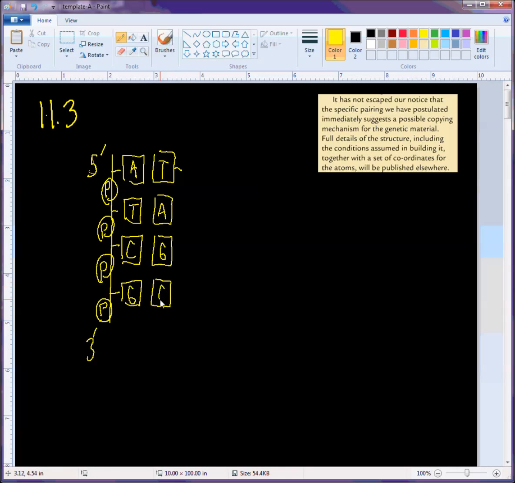So what do we mean by complementary? Well, everywhere we see an A on the first strand, we're going to see a T on the second strand. T on the first strand, A on the second strand, C on the first strand, G on the second strand, and so on and so forth.